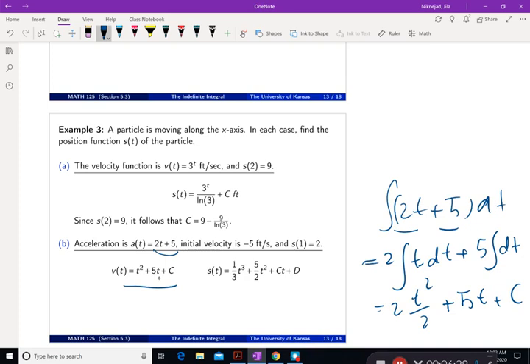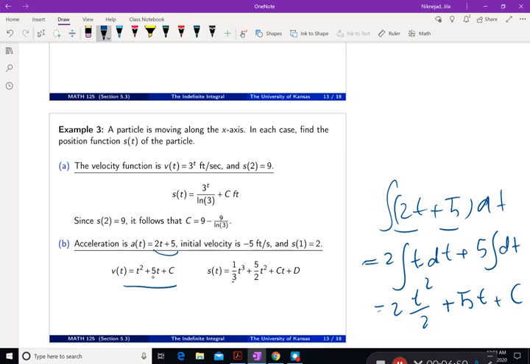Then I have to take another antiderivative of that to find s of t. So how does that work? The antiderivative of t squared is t to the power 3 divided by 3. It's t to the power 1 more divided by the new power.